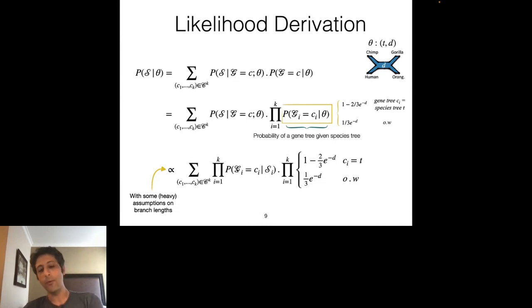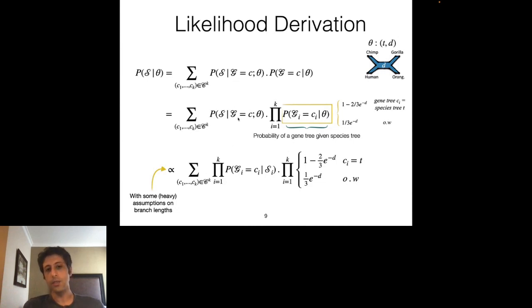So here we had to make some assumptions that are a little bit on the heavy side. They basically boil down to assumptions about independence of branch lengths from topologies, which do not hold under many models of branch length. But let's make those assumptions.